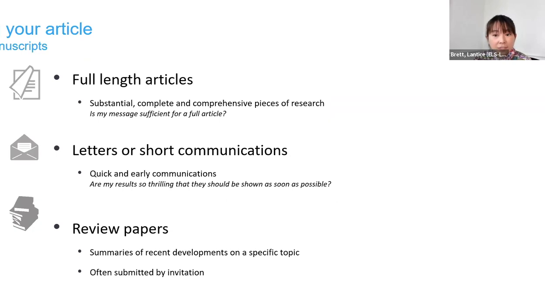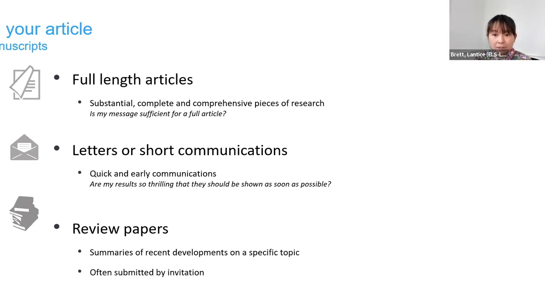These tend to be much more brief than the full-length articles. Review papers summarize recent developments on a specific topic, highlighting important points that have been previously reported and introducing no new information. These are often submitted after invitation by an editor.